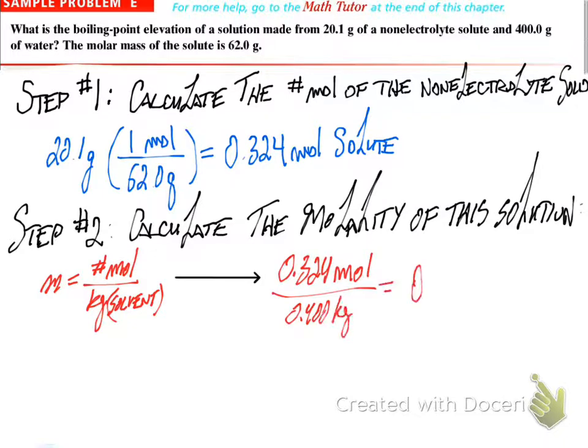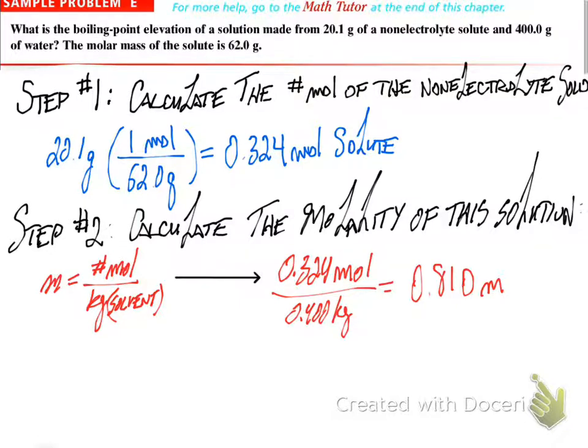I plug in my 0.324 moles, which was calculated in step 1, divided by, again, 400 grams, which converts into 0.4 kilograms. I don't show that, I just did it, but there's your explanation. So 0.324 moles divided by 0.4 is going to get us a 0.81 molal solution. So our molality is 0.810 molal.